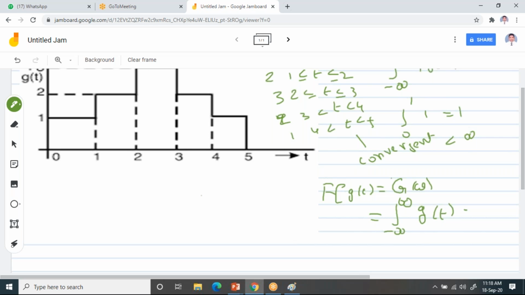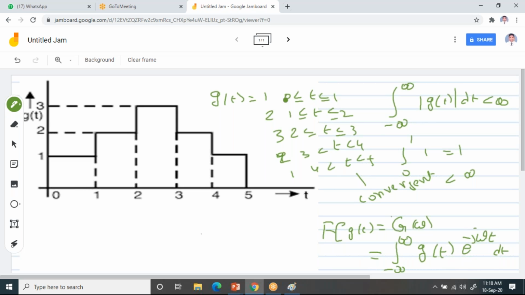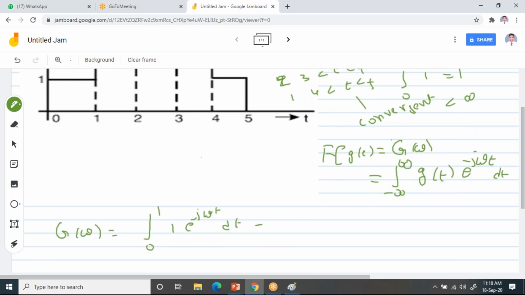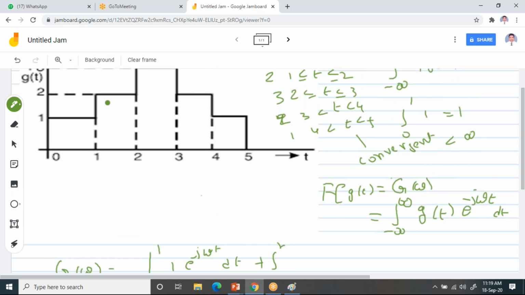So I can write G of omega, the Fourier transform of g of t, as the integral from 0 to 1, where the amplitude is 1, of e power minus j omega t dt, plus the integral from 1 to 2, where the amplitude is 2, of 2 e power minus j omega t dt.